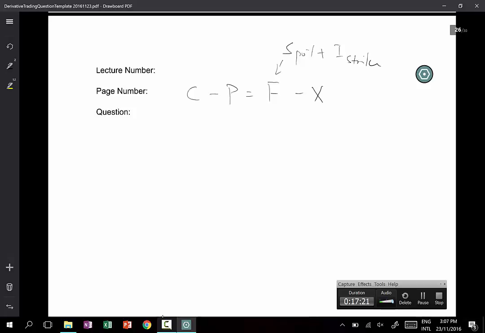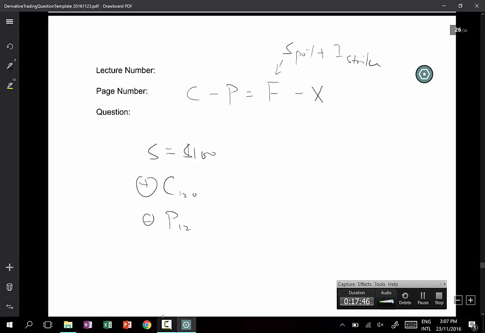Okay, now you think of some extreme cases. So let's say the spot price now is 100, and you want to go long a call. So you long a call at a strike of, let's say, 120. Now this is fairly extreme because it's so deep out of the money, and then you short a put at a strike of 120.